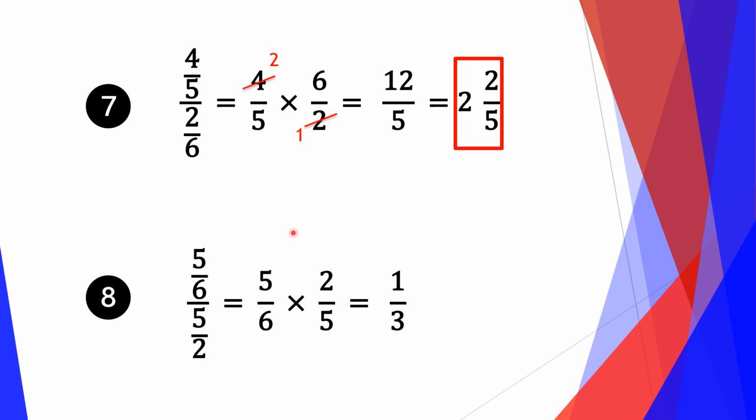We can cancel 5 and 5 and 2 and 6. So 2 goes into 2 once, 6 goes into 2 3 times, and 5 goes into 5 once, and 5 goes into 5 once. Now we times our numerators. 1 times 1 is 1, and 3 times 1 is 3. So our solution is 1 over 3.